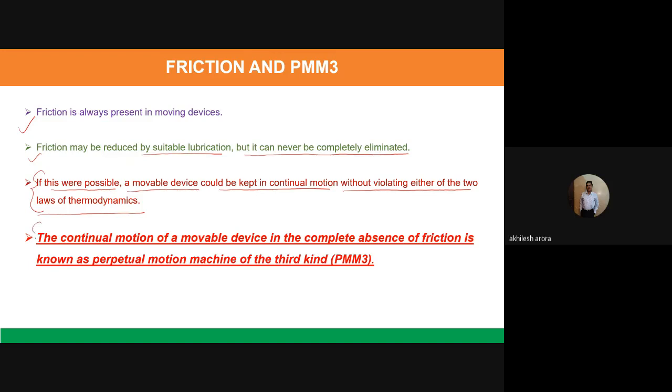So the continual motion of a movable device in the complete absence of friction is known as perpetual motion machine of the third kind, or PMM3. So basically, if there are no dissipative effects in that particular machine, that will become a PMM3.